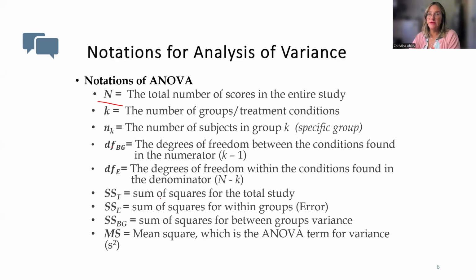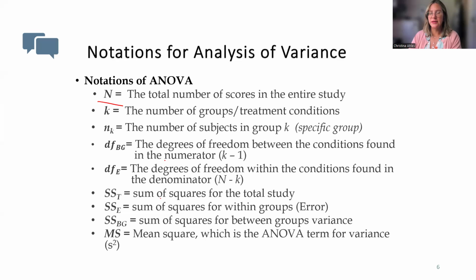Then there's the degrees of freedom BG, which is degrees of freedom between groups. And we can calculate that degrees of freedom between groups with k minus 1. So the number of conditions minus 1. And you'll be looking at degrees of freedom error, which is the degrees of freedom within the conditions.